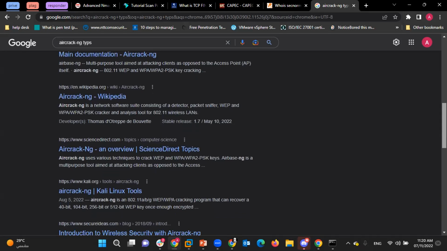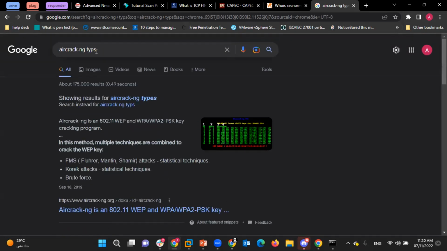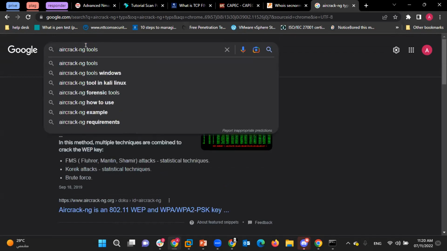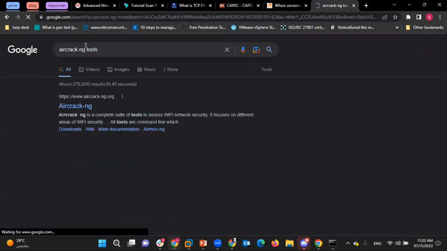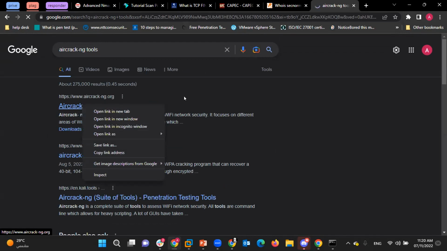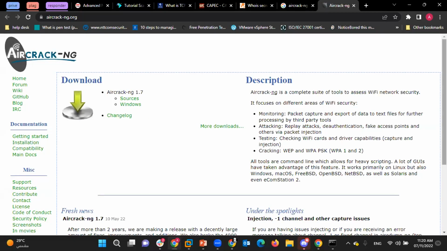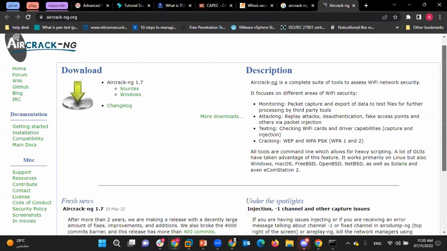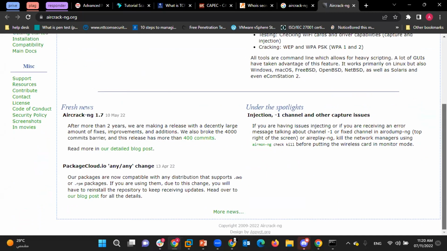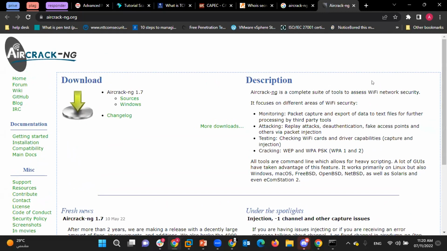It's about 20 tools, I think. No, it is not here.